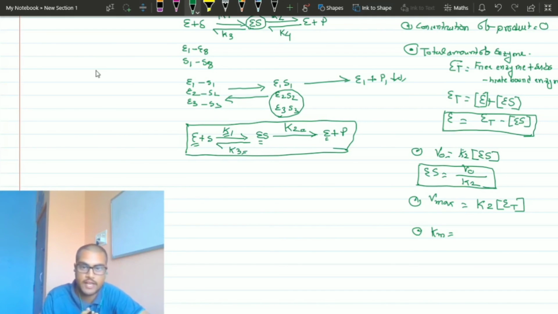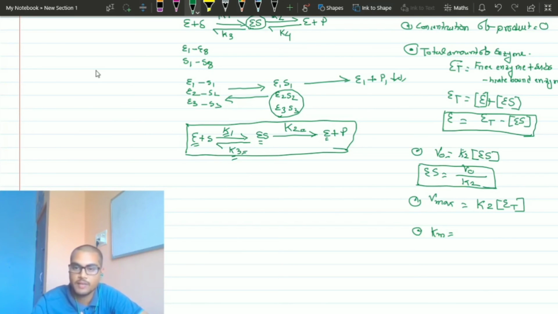K2 is acting as a dissociation rate constant, and K1 is acting as the association rate constant. On the other hand, K3 is also acting as a dissociation rate constant, because if you see the reactions, the enzyme substrate complex will follow the backward reaction to form the enzyme and substrate by using the K3 rate constant. That's why K3 is also acting as a dissociation rate constant.